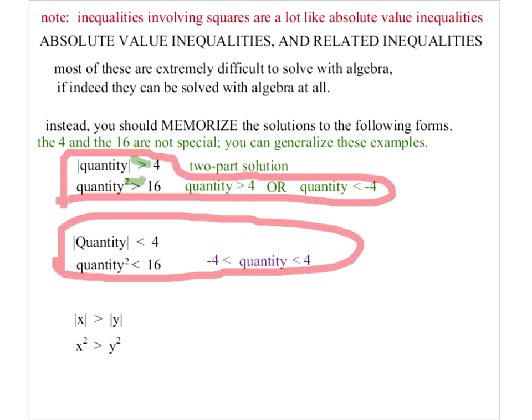Now in this case, it's a little bit different. You don't really want to make this algebra. Instead, here's what you want to do with this one. This is a little bit different. The best way to express the solution to this is to just rephrase it.